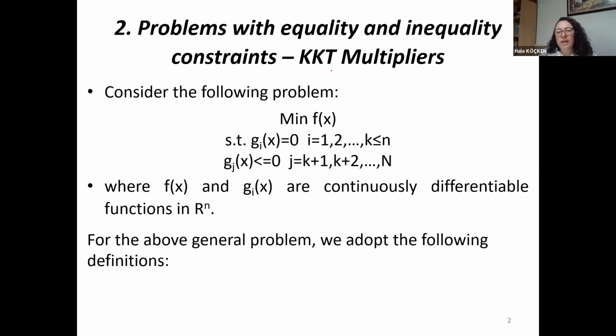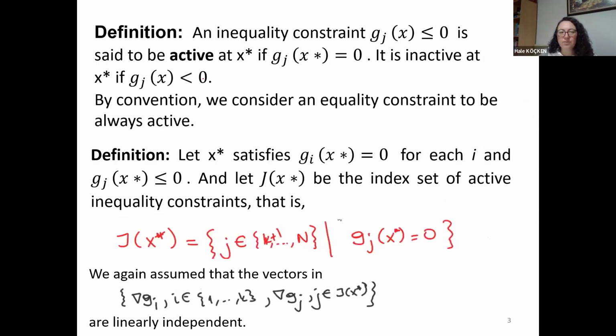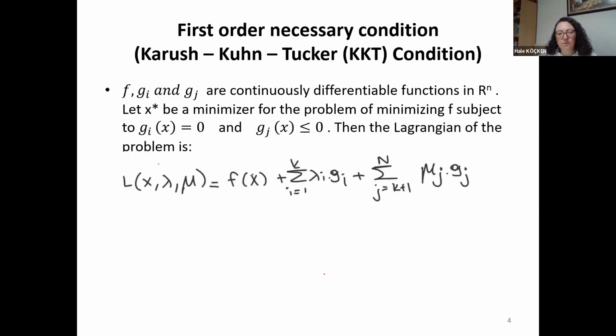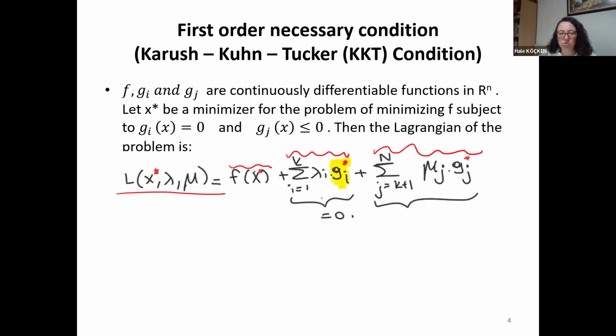Okay. So anyway, in the KKT, Karush-Kuhn-Tucker multipliers, we say that we have some equality and also inequality constraints. We discuss the active constraint concept, and we discuss the active constraint set J(x*). For the first order conditions, we just write our Lagrangian as the summation of our objective function, lambda times the equality constraints, plus mu times the inequality constraints.